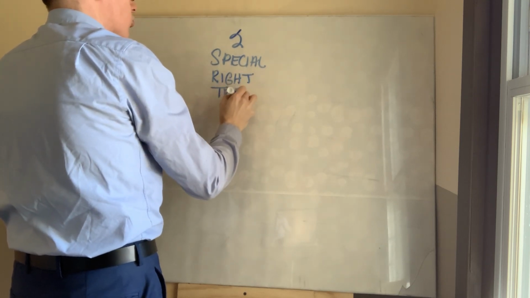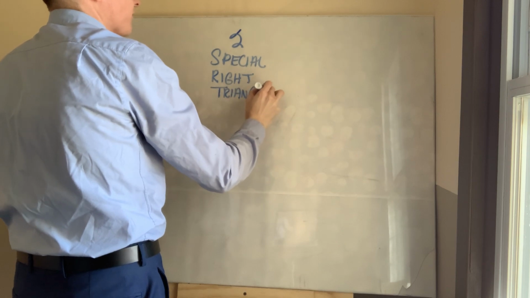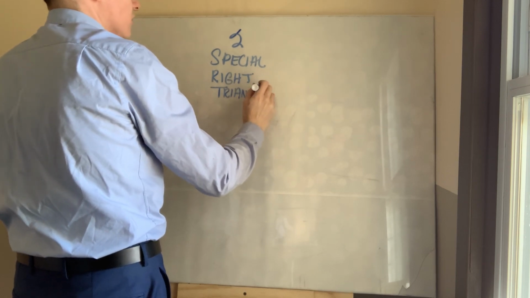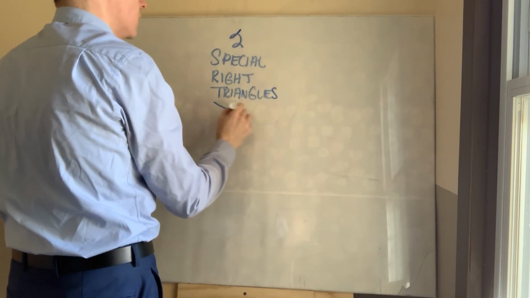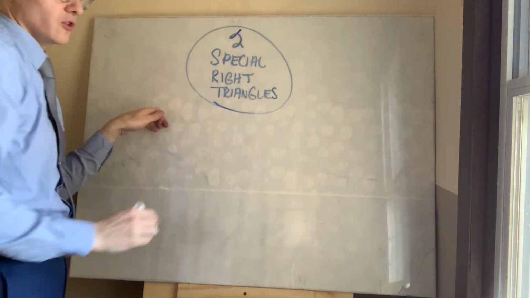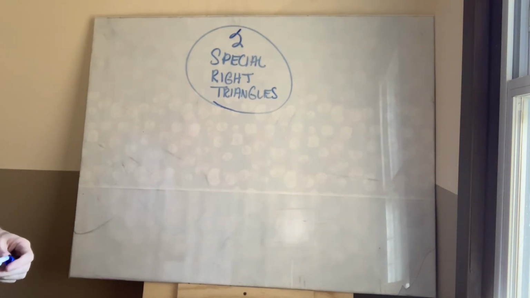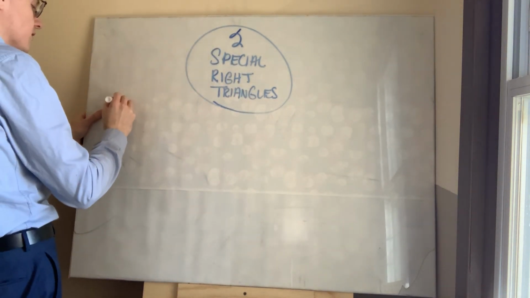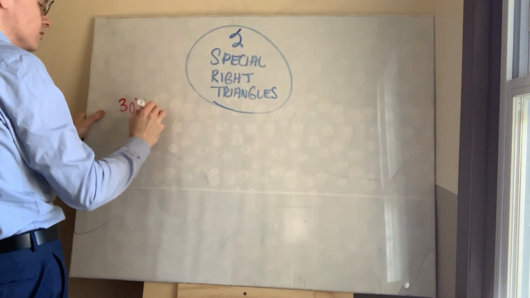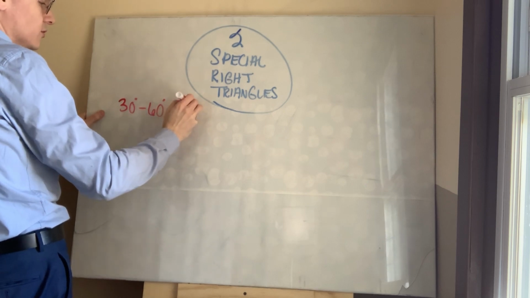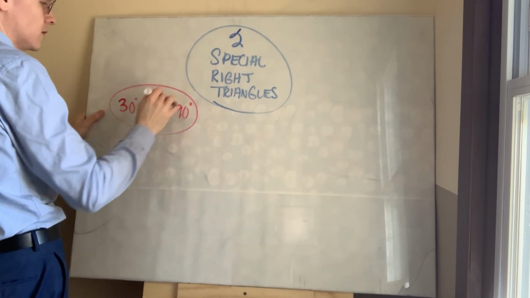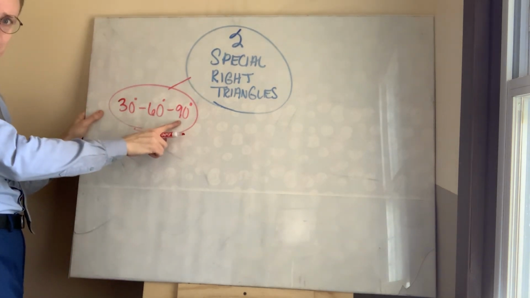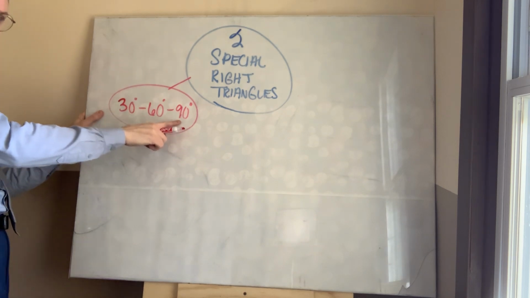Two special right triangles. They have dimensions that are consistently true, and it would be good to use them as a reference. There is famously the 30 degree, 60 degree, 90 degree right triangle. Notice that there's a 90 in it, so it absolutely must be a right triangle.